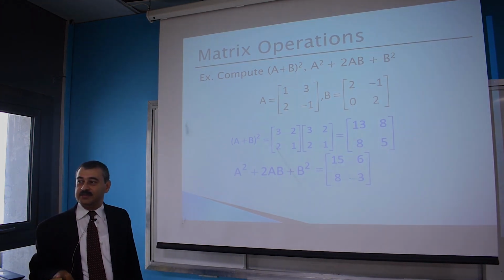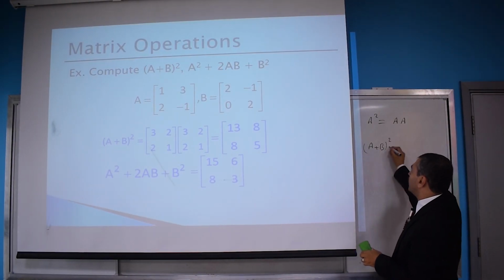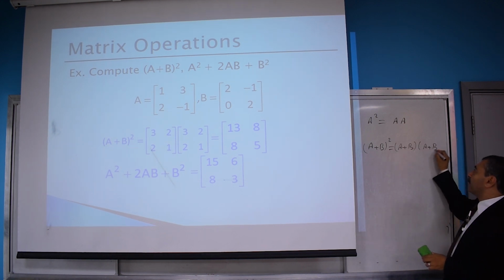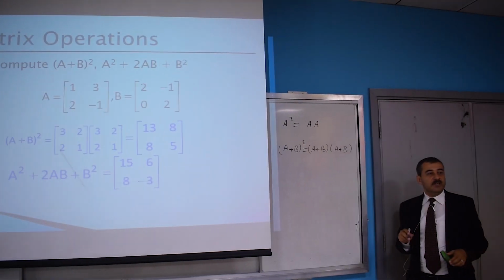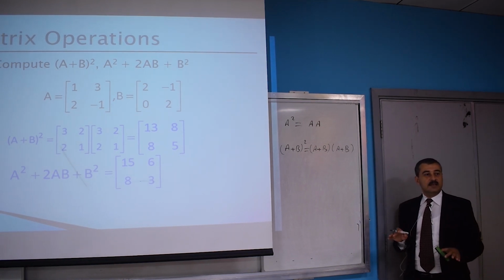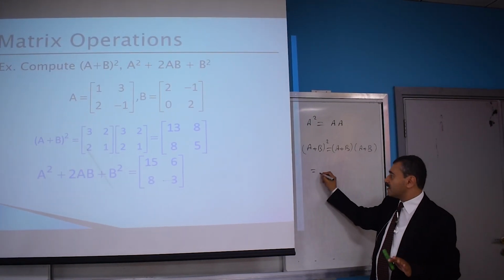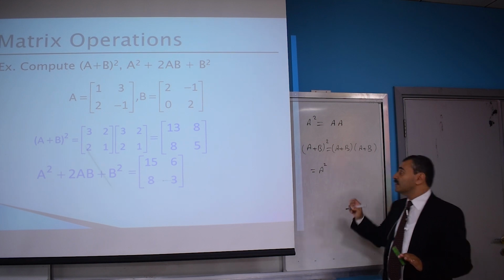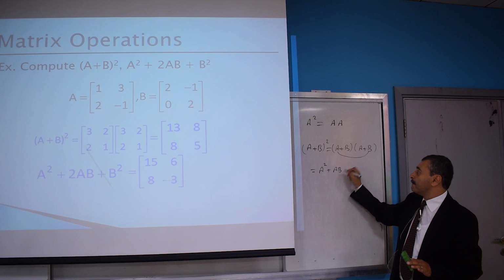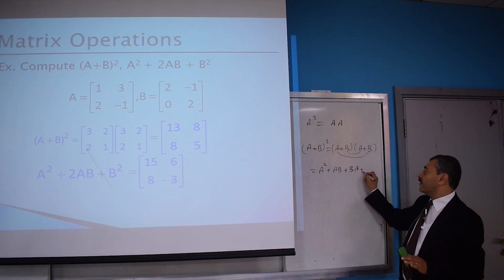Why are they different? So I'm going to write (A plus B) squared, which is A plus B times itself. Let's do the multiplication here, and be careful when you write the left and right matrices. So we'll get first A by A, I can write it as A squared, and then A by B, and then B by A, and then B squared.